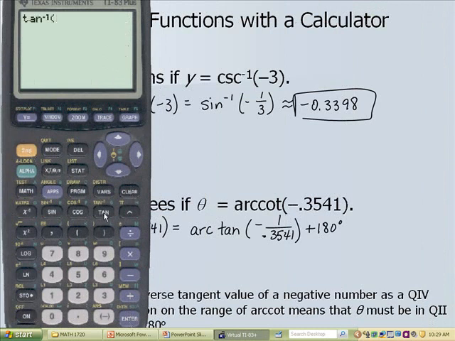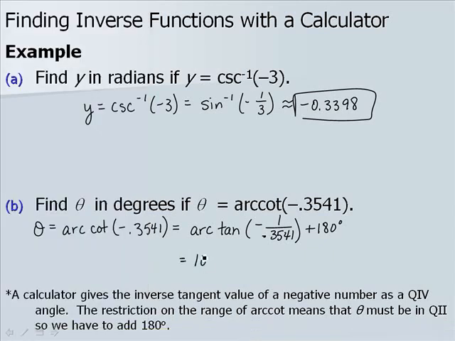And we'll take the arc tangent or tangent inverse of our reciprocal and we get a value of -70.5, but we'll want to add 180 as our restriction states to get 109.499 degrees. This is going to be important when you're dealing with cotangent and tangent inverse functions when you switch between the two.